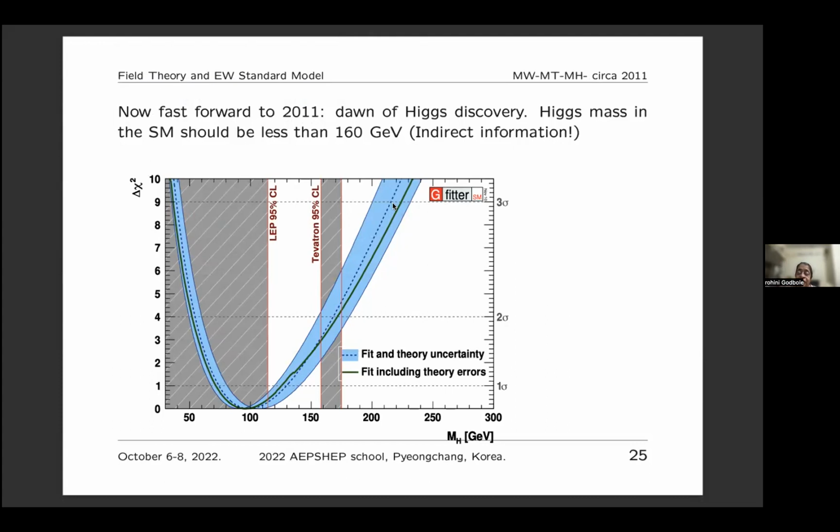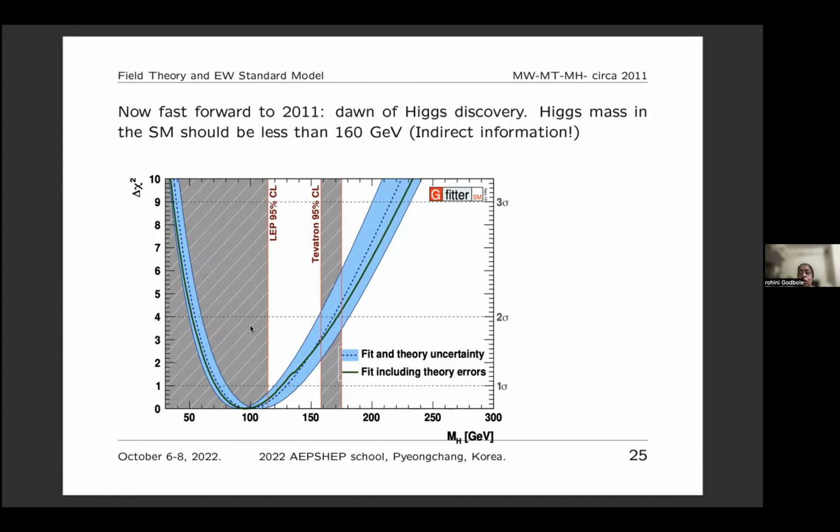You can make different types of fits, where you take MW and MT to be known, sometimes you let them float, and I will come to that in the second plot. But the important thing in this particular plot is that you just vary MH. And what you see is that the minimum of the chi-square happened at a Higgs mass of 100 GeV.